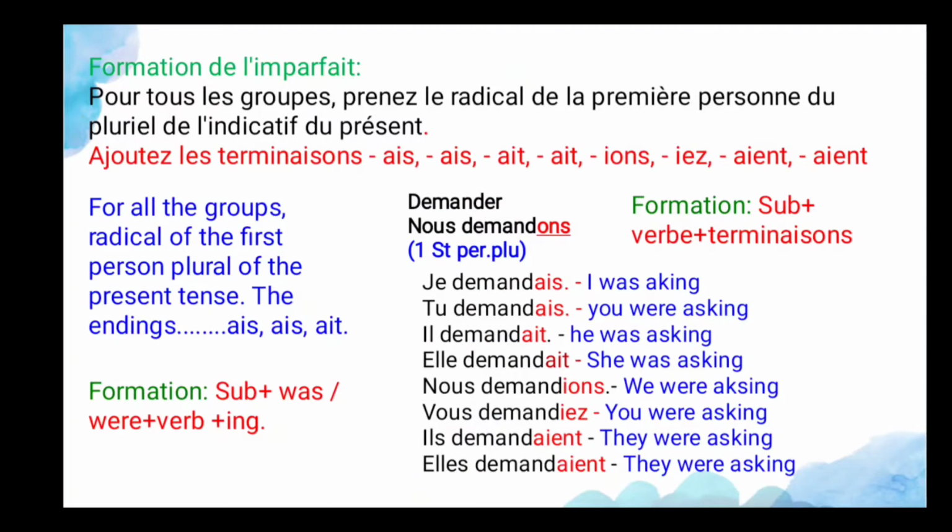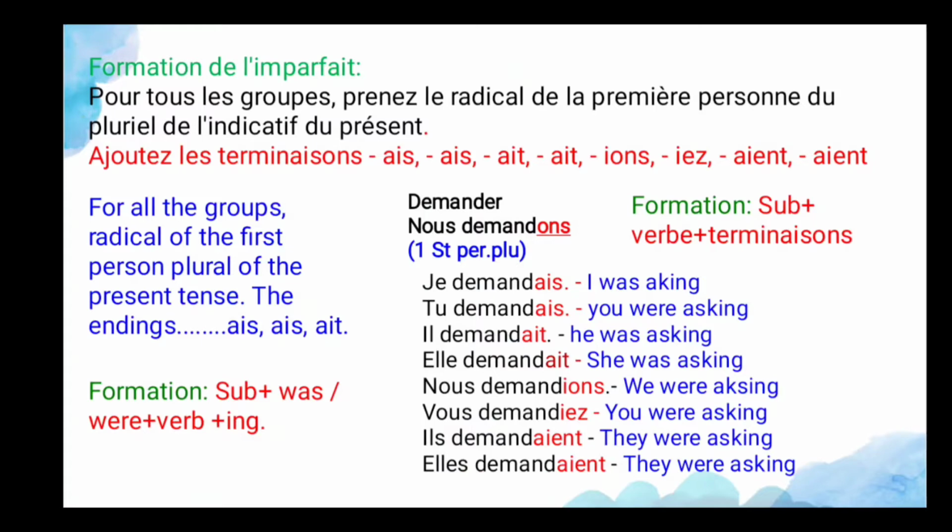Pour tous les groupes, prenez le radical de la première personne du pluriel de l'indicatif du présent. So what is the première personne du pluriel? That is the first person plural. It refers to which subject? Nous. See, for all the groups, for all the three groups, what are the three groups? ER, that is the first group, IR, that is the second group, and RE, it's the third group.